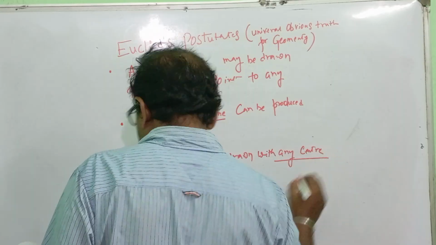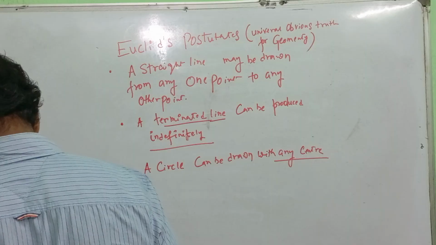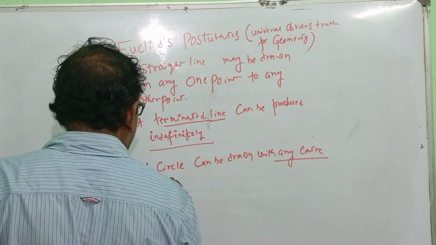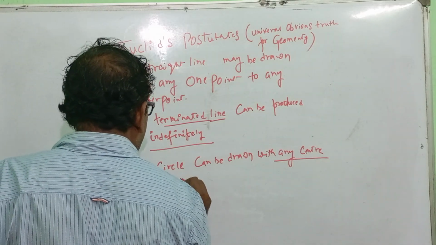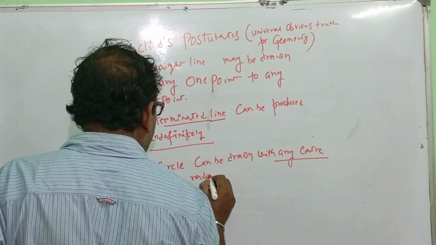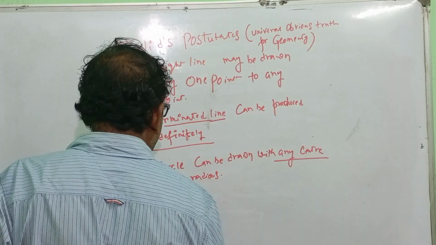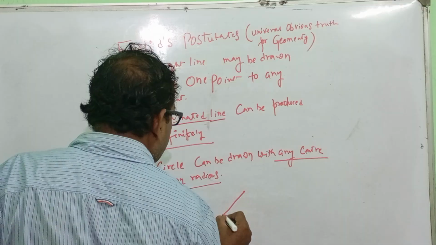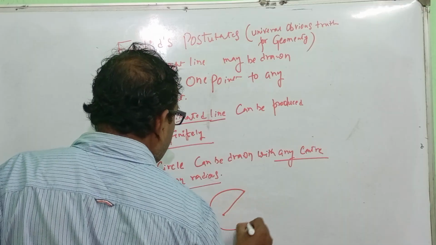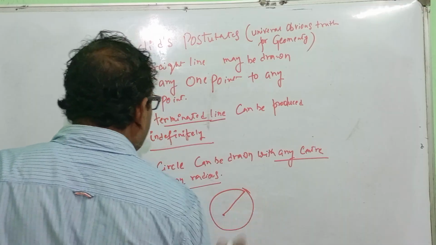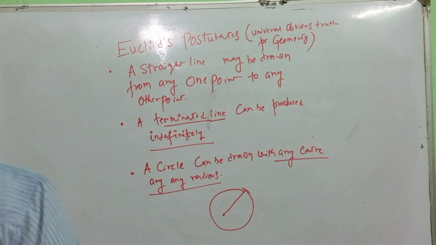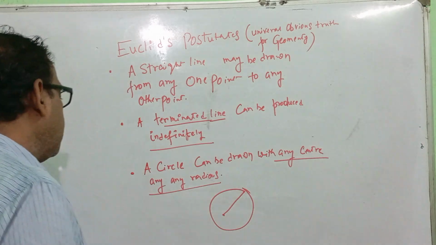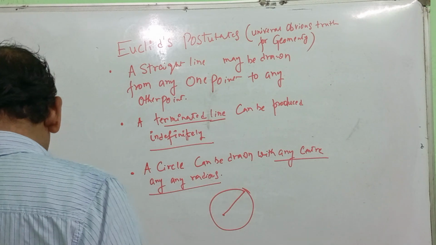That means they need a center and any radius. When this is a circle, this is the radius. A circle can be drawn with any center and any radius.